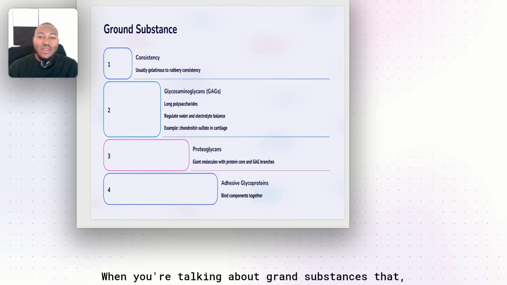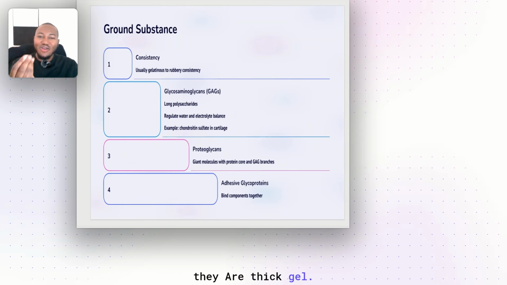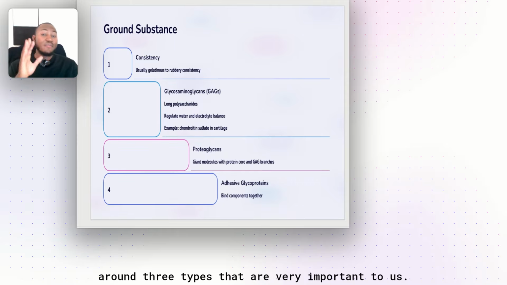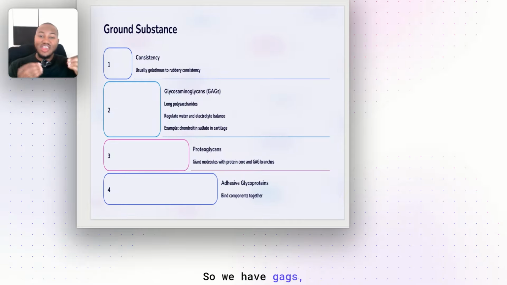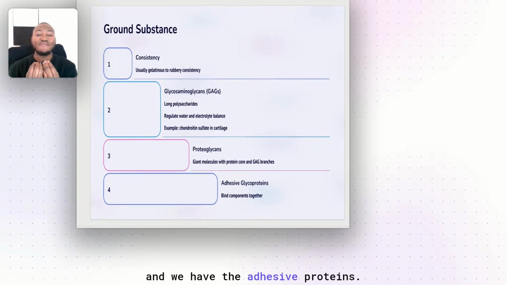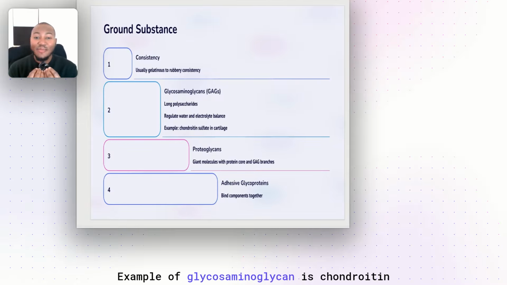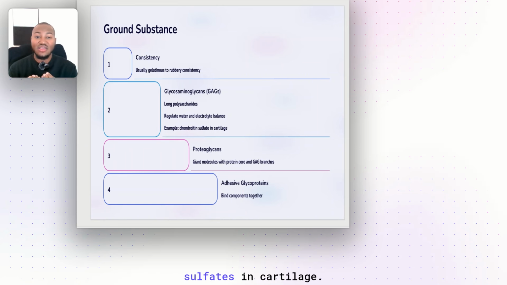Okay. When you're talking about ground substances, as I told you, they are thick, gel-like, gelatinous material that is very consistent. All right? They have around 3 types that are very important to us. It's not an all-inclusive list. So we have GAGs, that's glycosaminoglycans. We have the proteoglycans, and we have the adhesive proteins. An example of a glycosaminoglycan is chondroitin sulfate in cartilage.